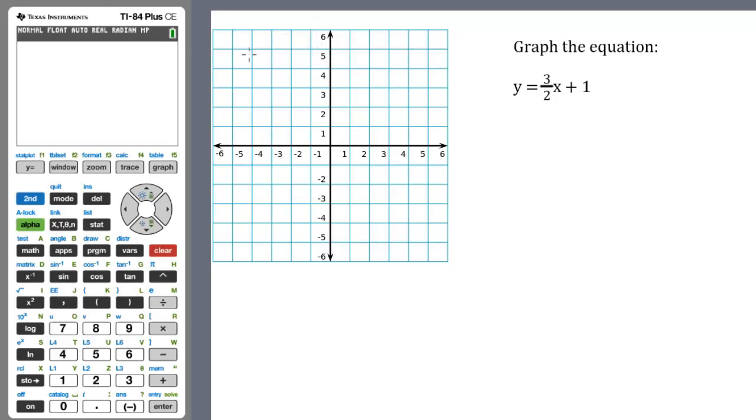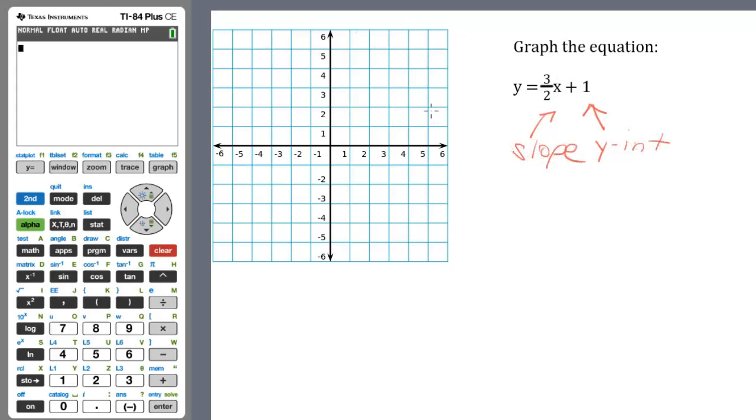Okay, so we see two numbers here. We see 3 over 2, and we see 1. So which one is the y-intercept? The 1 is the y-intercept, and this 3 over 2 is the slope.